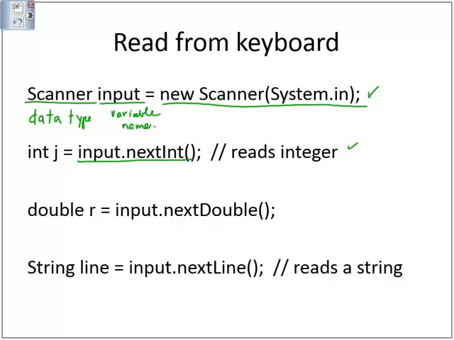If you just want to read a line as a string, you declare a variable with its type, string. This will read whatever you type on the keyboard and store it as a string in the variable line.